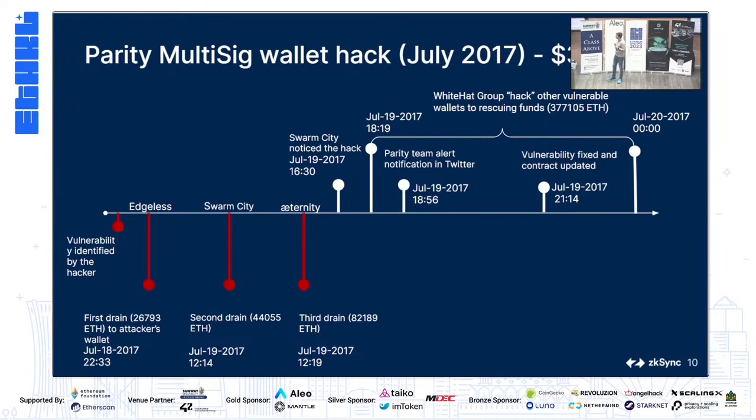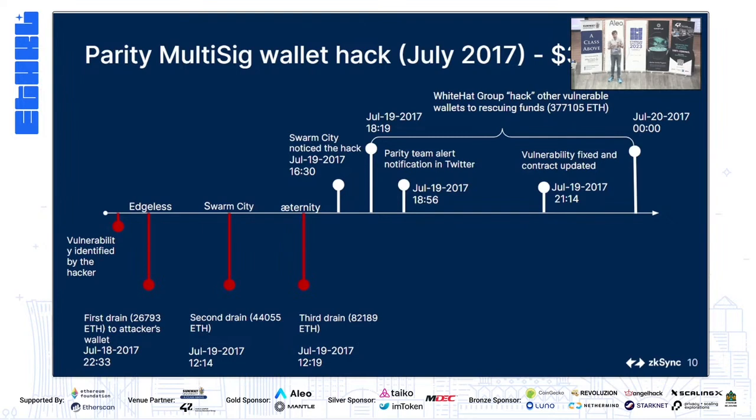Meanwhile, the Parity team updated their contract and fixed the vulnerability. So in the end of the day, once again, as we mentioned in the beginning of this conference, we are making the community.